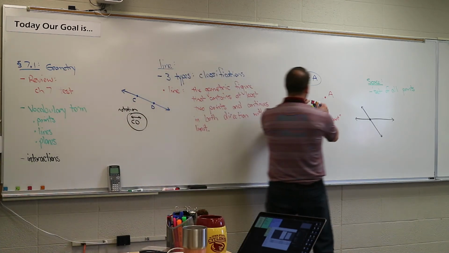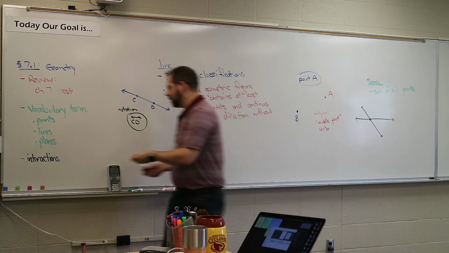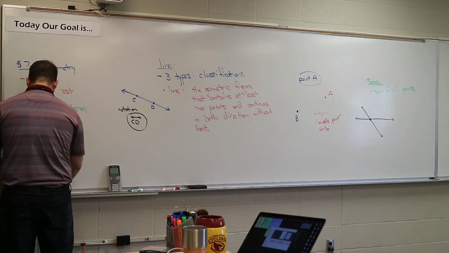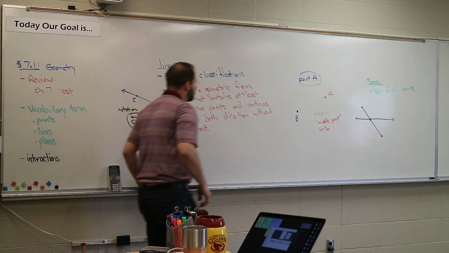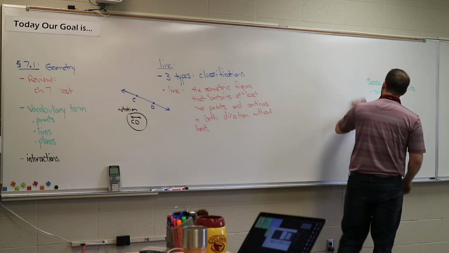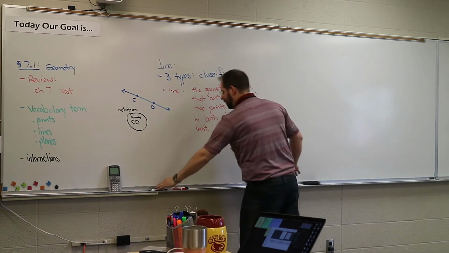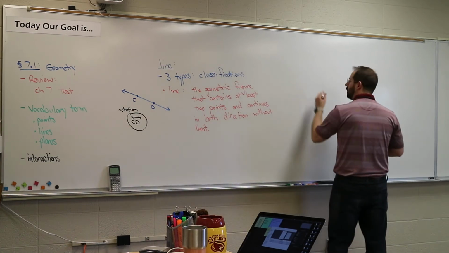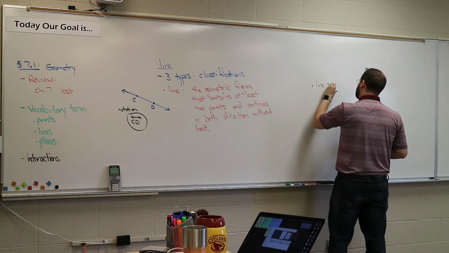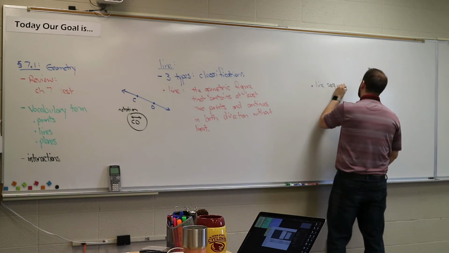Second type. Let's get rid of this. Let's get rid of these here. Second type. First type was a line. Second one's called a line segment. A line segment.